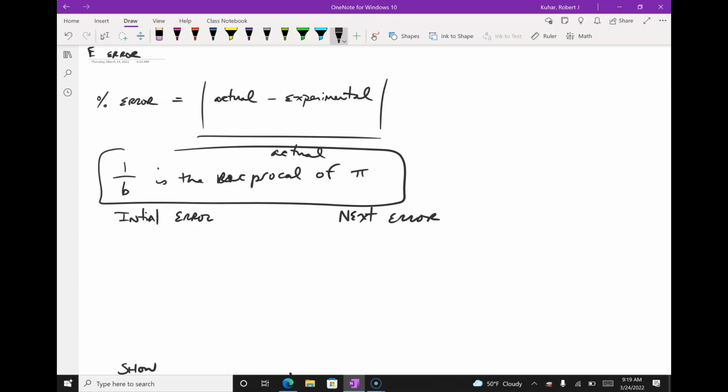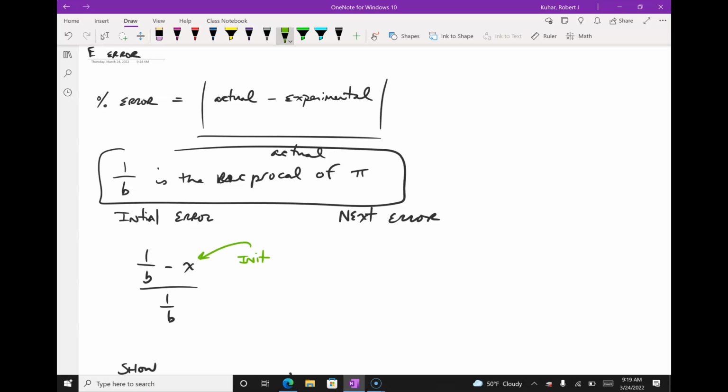But what is my guess for the answer is my initial guess. So my initial error is 1 over b minus x all over 1 over b, right? And of course, make it positive. Or who cares about the positive negative if you keep them both in the same order, right? So the initial error is coming from the initial guess, right?